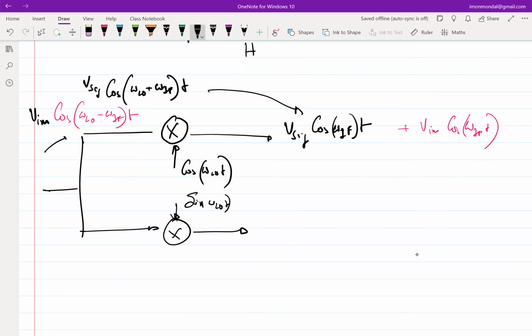At the output, if I concentrate on the signal first, what am I going to get? Sine A plus B and sine A minus B. Sine A plus B is at a higher frequency, sine A minus B will be at a lower frequency. And it will be sine omega IFt.